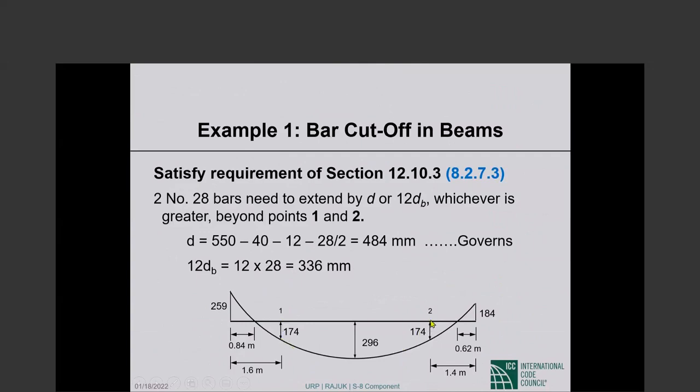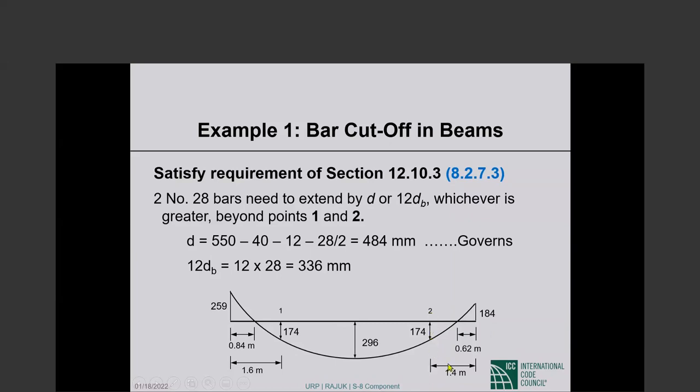174 is here, so this is the bending moment diagram. 259 at the left end, 184 at the right end, 296 in the middle. This is 174 where the 2 number 28 can be theoretically cut off, and this is also where 2 number 28 can be theoretically cut off.